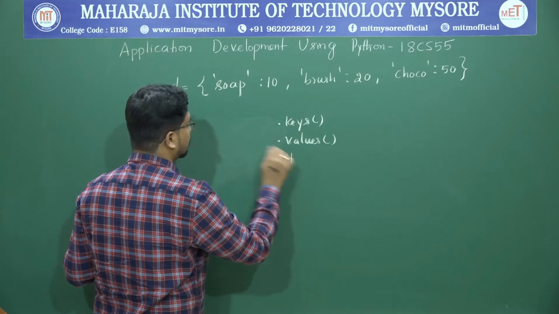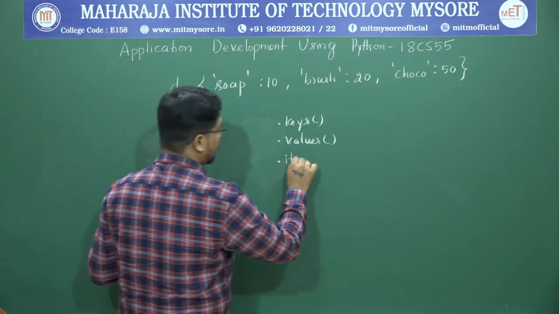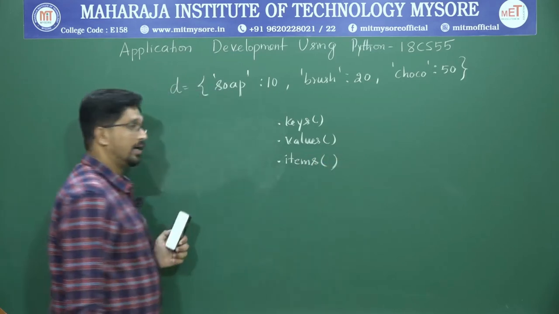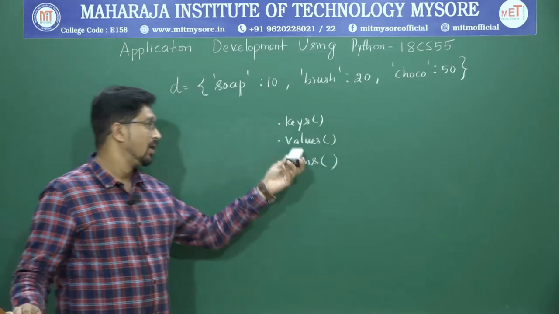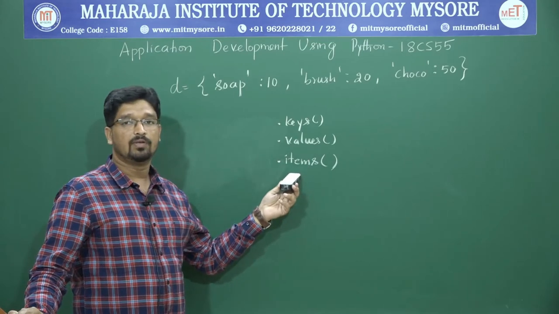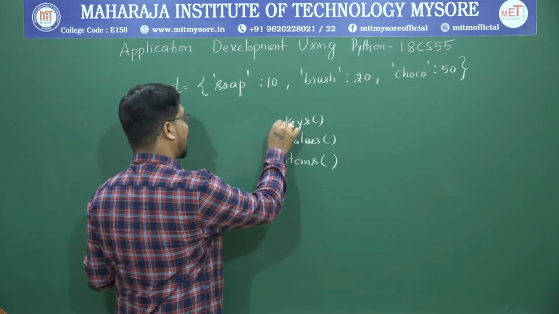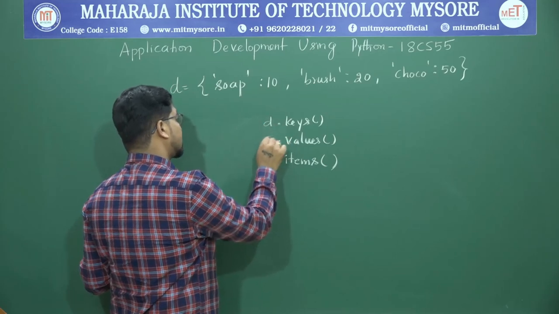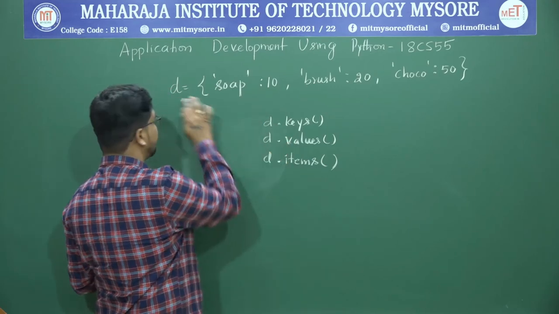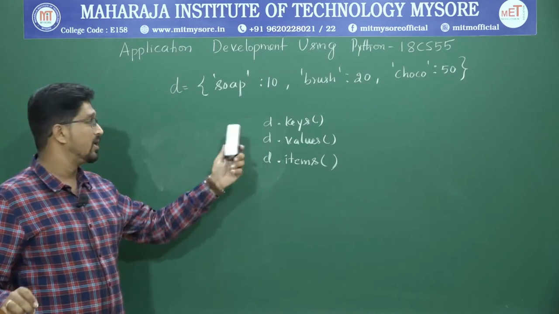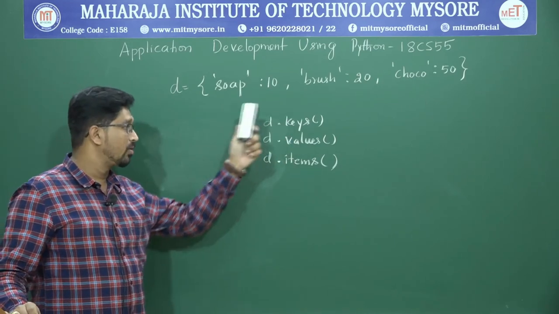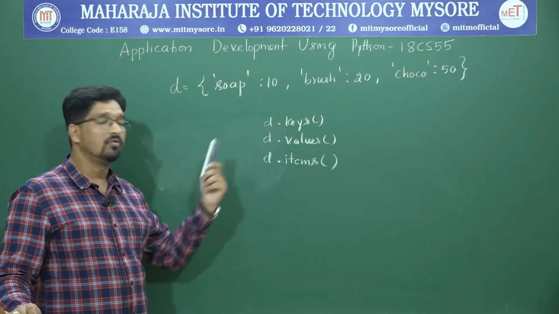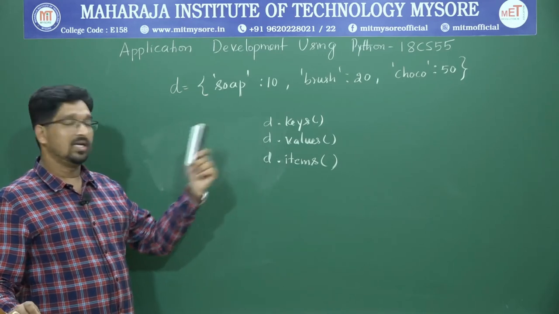If you want to access both key and value, then you can say items. These are 3 functions available with a dictionary. They are accessed through the dot operator, where you mention the dictionary name. Let us say my dictionary name is small d. I have taken d.keys, d.values, d.items. This is how you access keys.